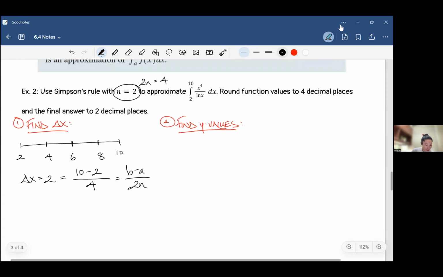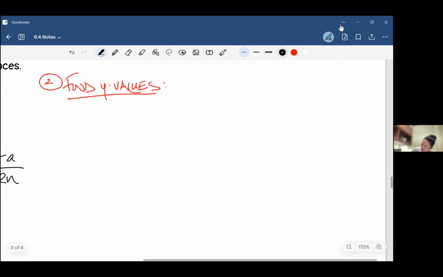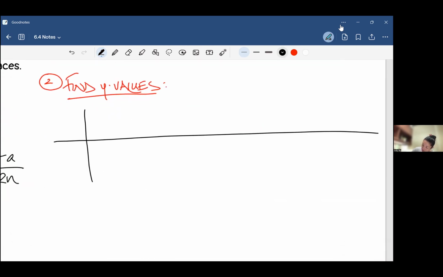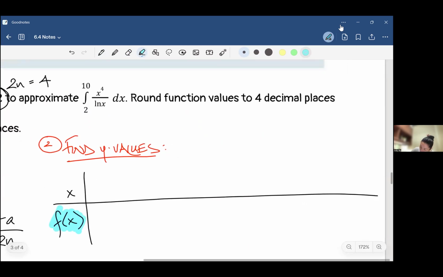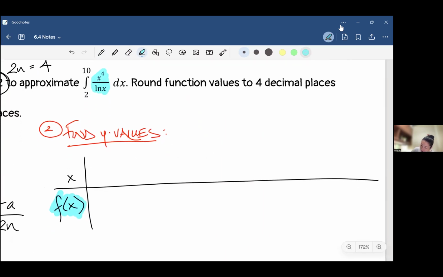I should have 5 y values this time. My f of x is x to the fourth over ln x. Same as before, I cheated a little bit. I plugged in all my values before, so you can stop here and do it on your own if you want. For 2, I got 23.0831.